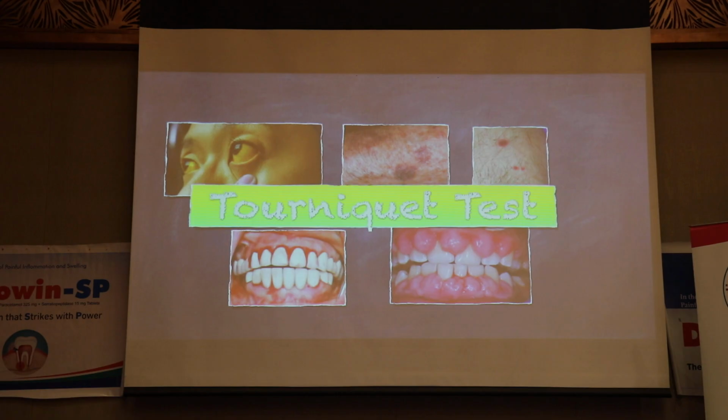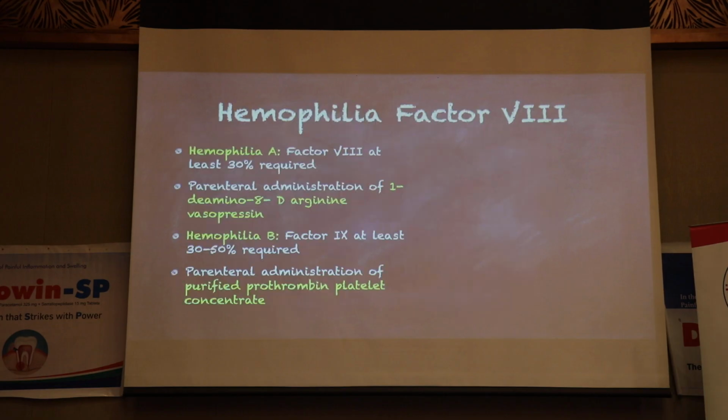This test will help you analyze and understand whether the patient has any hemophilic disorders or not. So these are the symptoms that you need to keep in your mind.